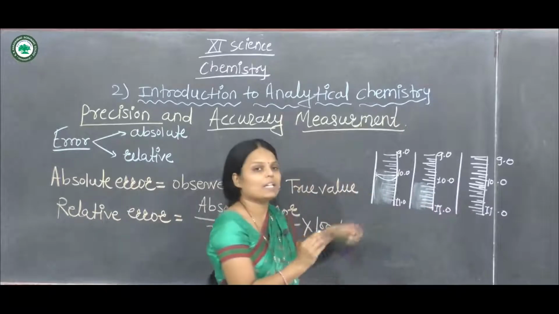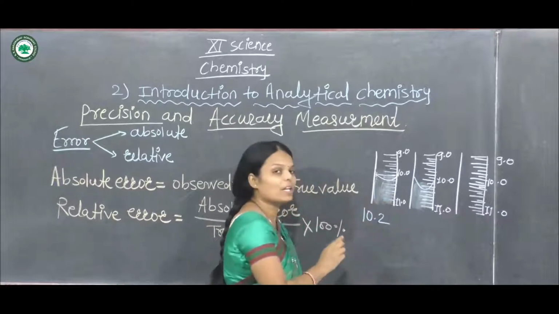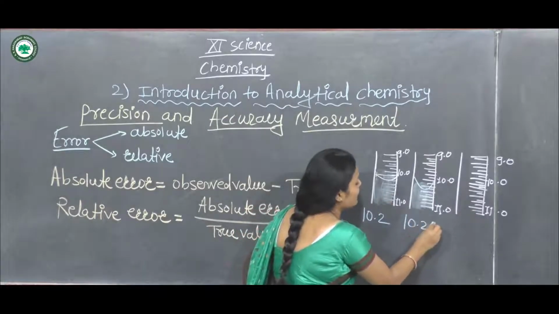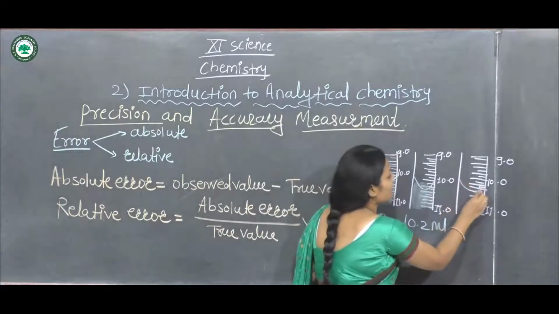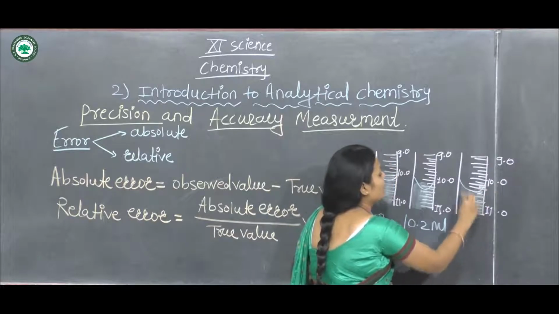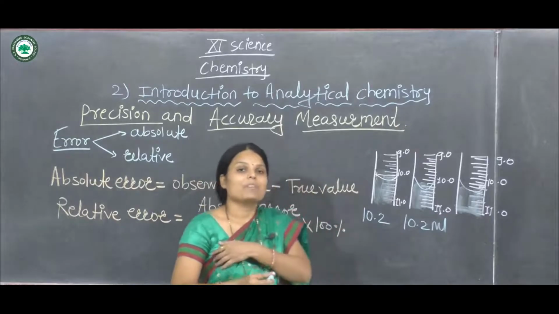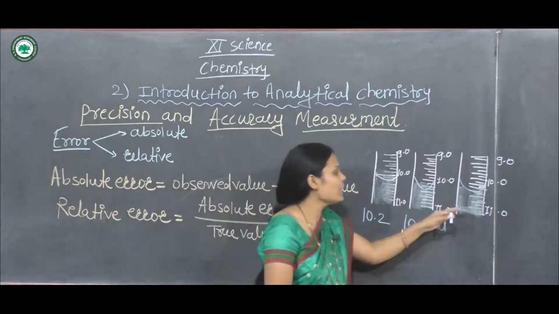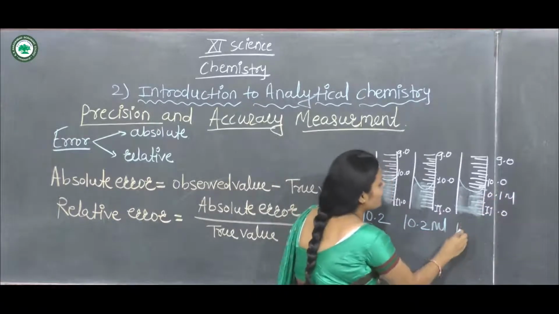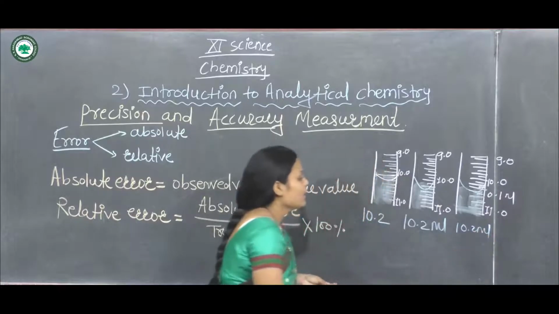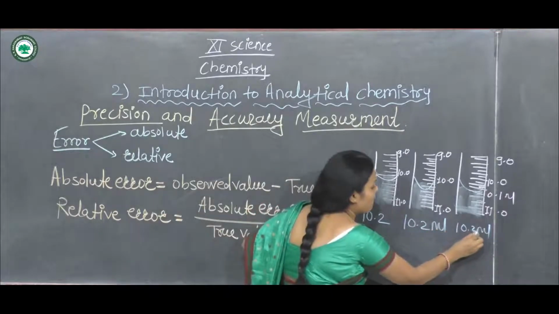The first burette reading is 10.2 ml. The second burette reading is also 10.2 ml. In the third situation there is an error of 0.1 ml. The reading lies between 10.2 ml and 10.3 ml.